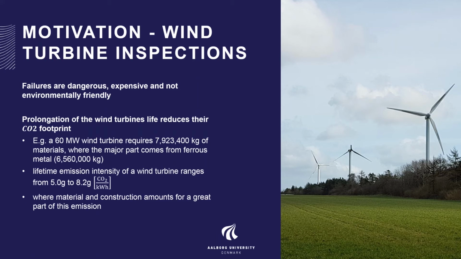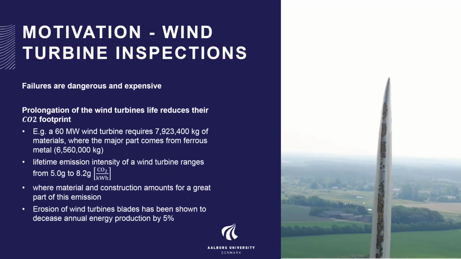And some studies show that the lifetime emission intensity of a wind turbine ranges from 5 to 8 grams of CO2 per kilowatt hour. So that means we are not at zero, but we can get closer to zero if we prolong the life. That means we have to build fewer wind turbines and let them run for a longer time. So that's our key motivation.